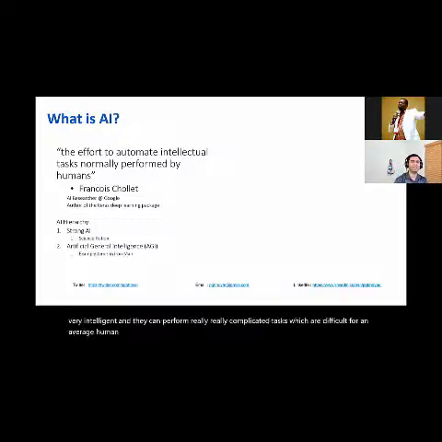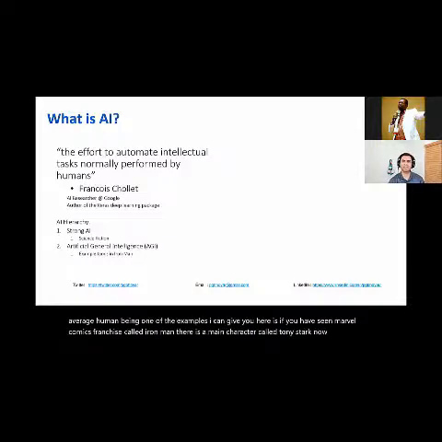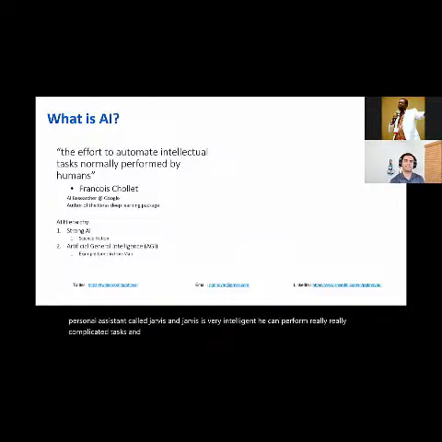An example is the Marvel franchise Iron Man, where the main character Tony Stark has a personal assistant called Jarvis. Jarvis is very intelligent and can perform really complicated tasks, and Jarvis falls under AGI. Again, AGI right now only exists in sci-fi movies and novels.